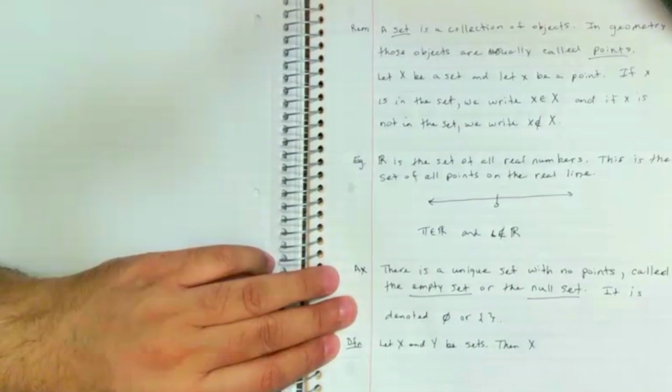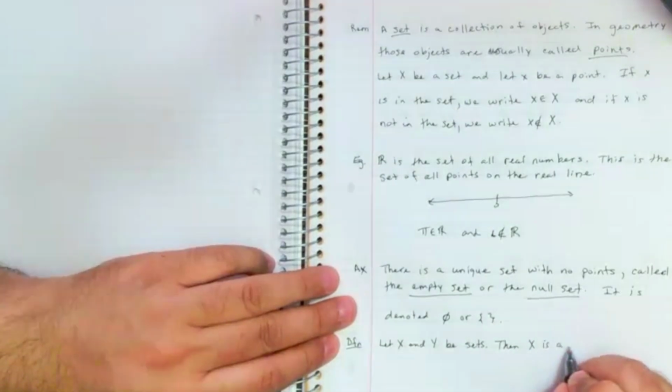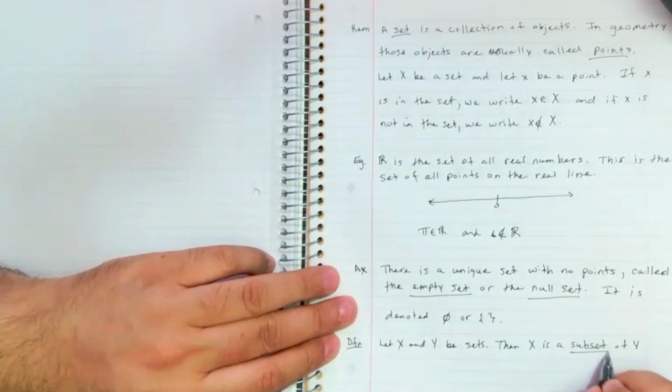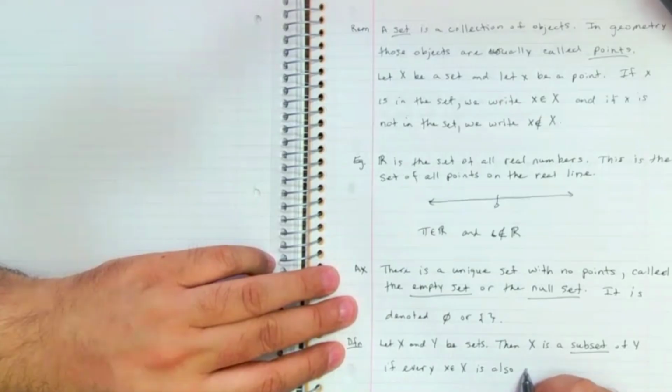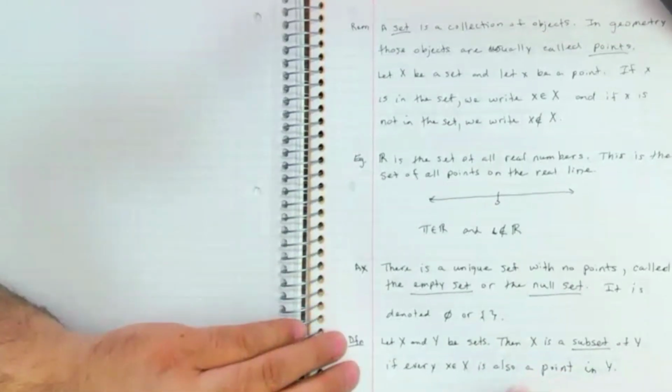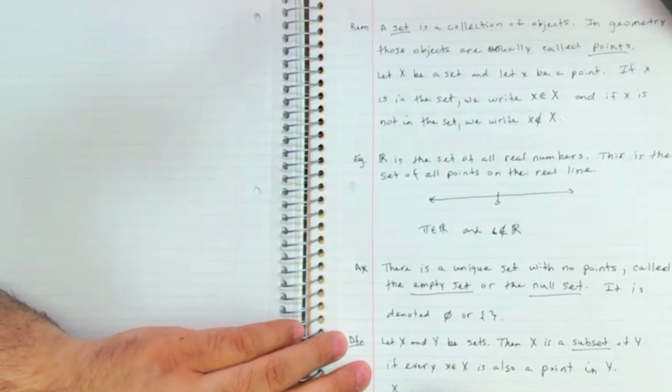Then X is a subset of the set Y if every point x in the set X is also a point in the set Y. The notation that we use for subset is an elongated letter C, sometimes with a bar underneath.